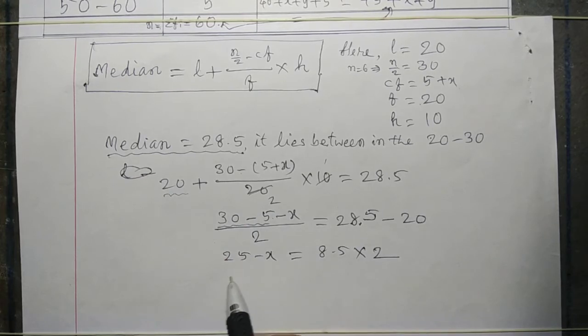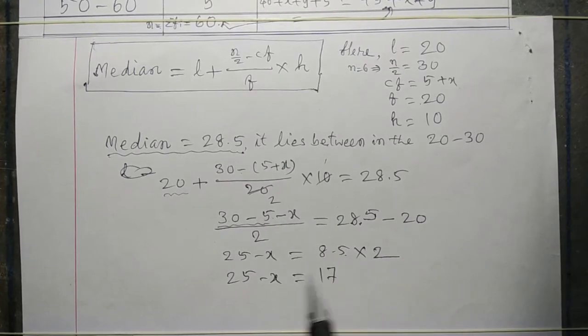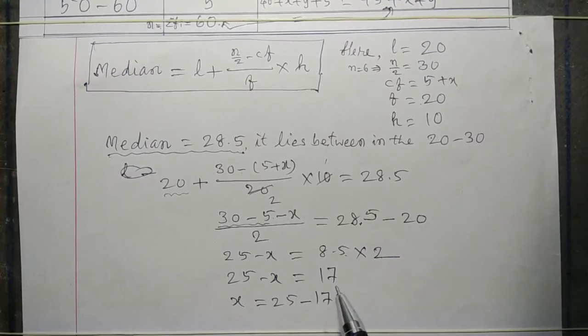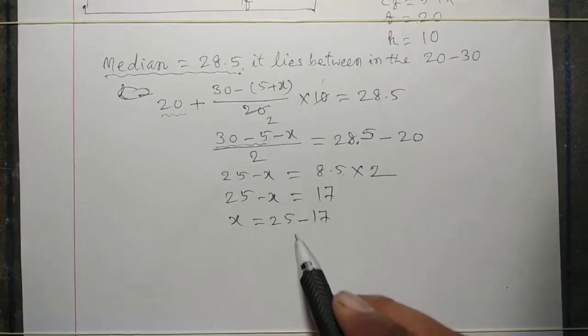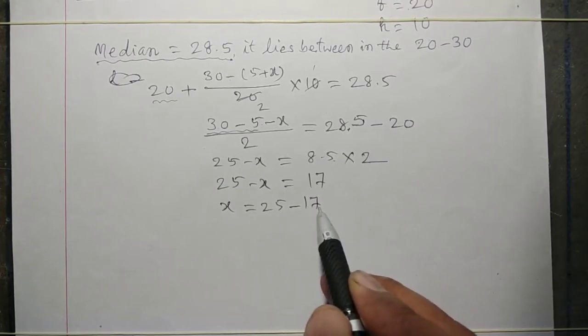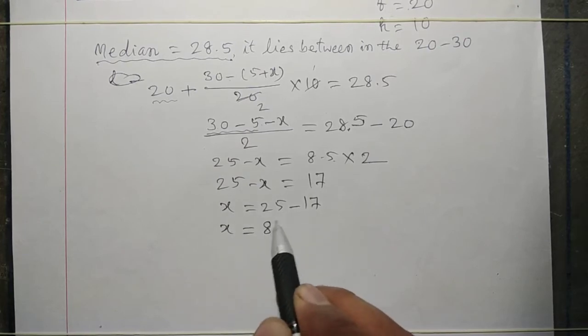So 25 minus x is equal to 8.5 twos are 17. x is equal to 25 minus 17, which is 8. So x is equal to 8.